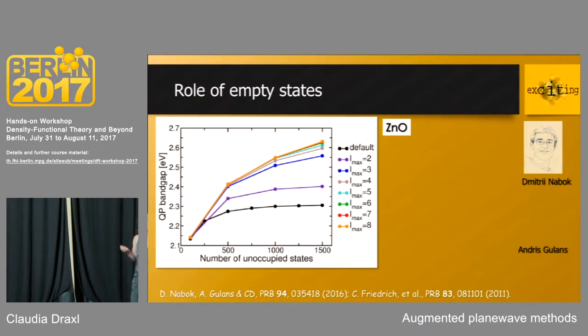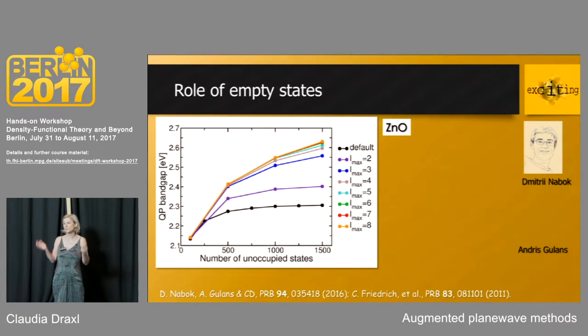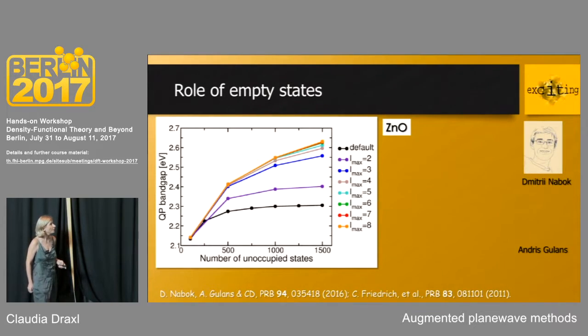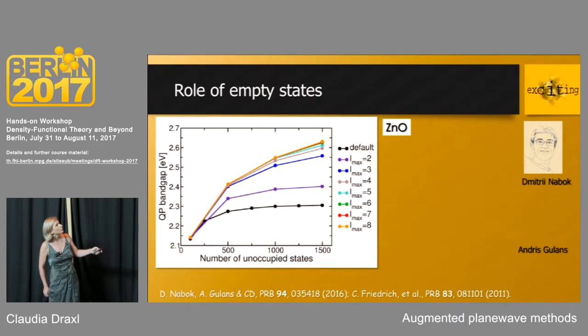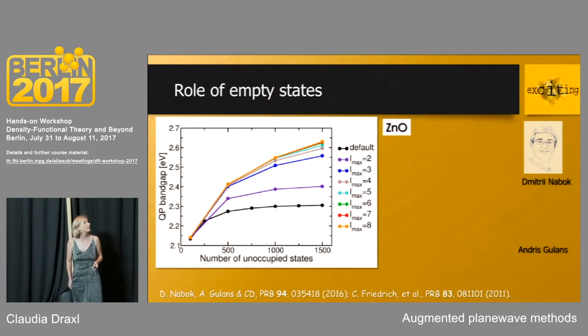And this is maybe part of the discrepancy you find in the literature, because we have to live with the fact that these methods are so costly that probably not always everything is converged. It's also the question what you want. If this accuracy is good enough, then you're happy. I'm not happy with this. So that means we have to go to very high channels. This is just showing you 1,500 unoccupied states.